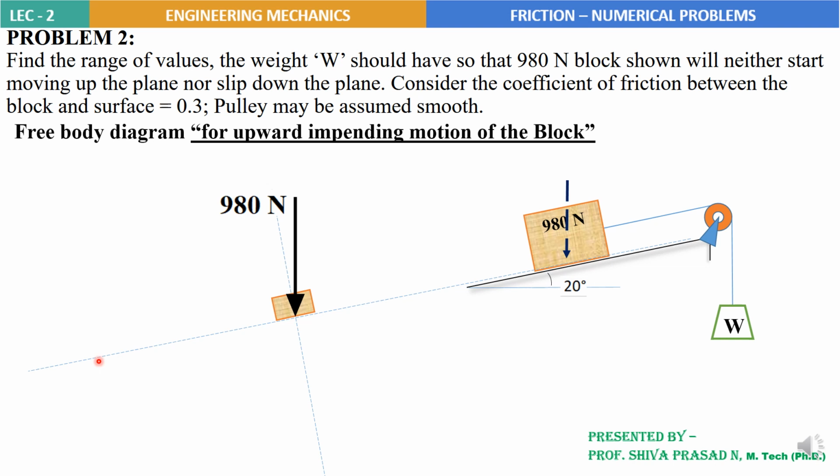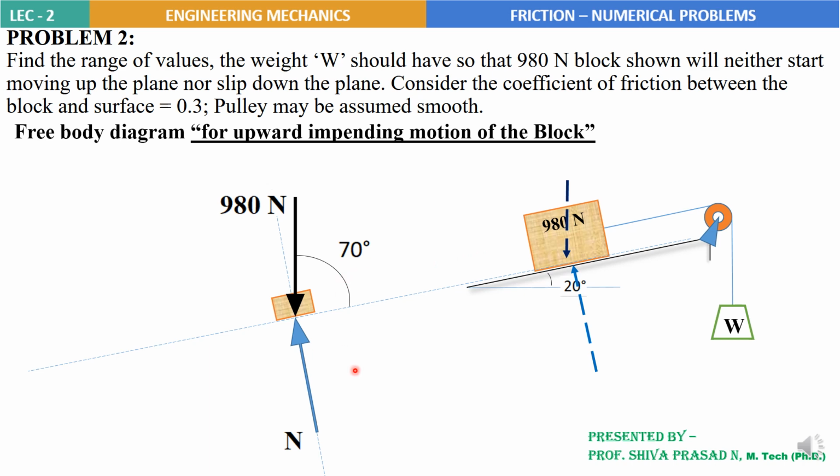We have the normal reaction force, always perpendicular to the inclined surface, acting in the upward direction, and we have this string tied with the block.